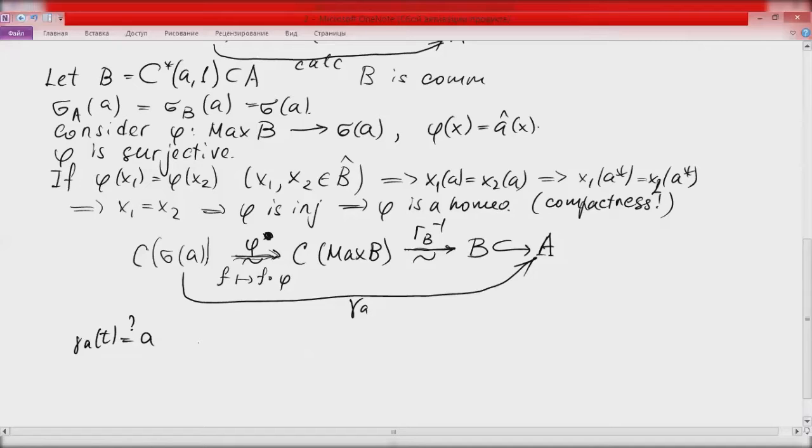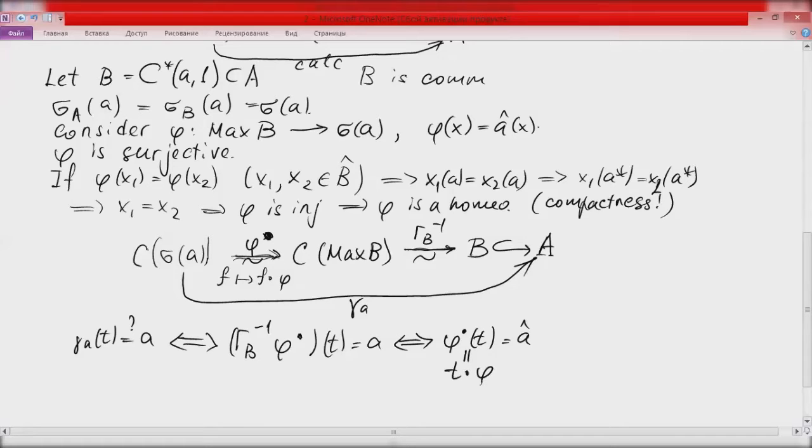Well, this is equivalent to the following: gamma B inverse phi dot of T equals A. Let's now apply gamma B to this equality. So this is equivalent to phi dot of T equals A hat. And by the definition of phi dot, this is T composed with phi.